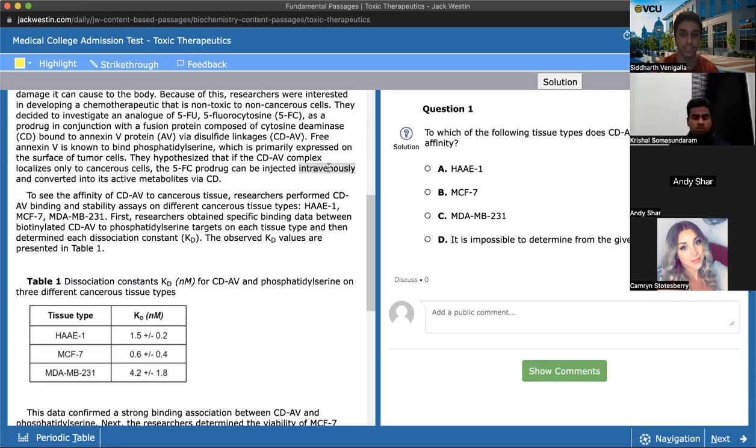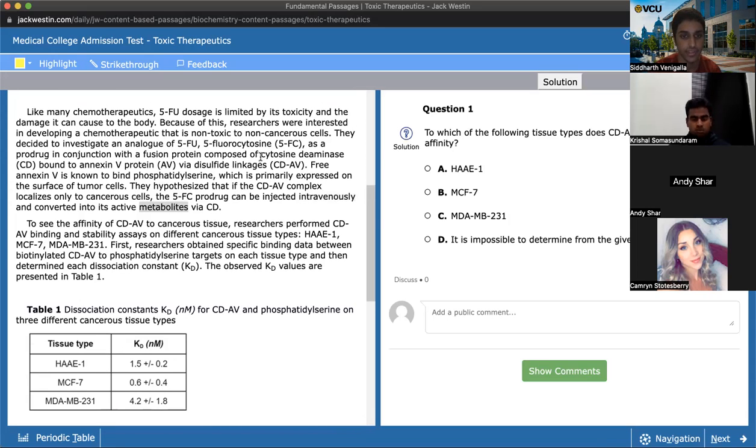Intravenously is just into your veins, and it hits your bloodstream. Once the 5-FC prodrug is injected into you, it'll bind to those cancer cells and be converted to its active form via CD, the cytosine deaminase. Remember, it's the CD within the CD-AV complex that converts the 5-FC to 5-FU.